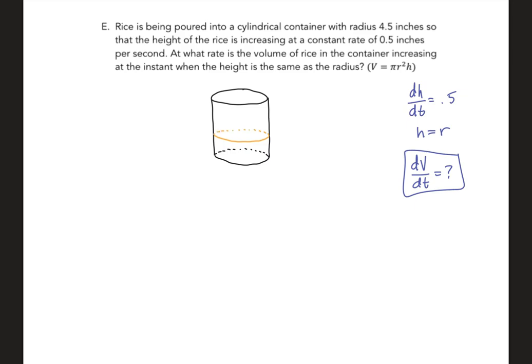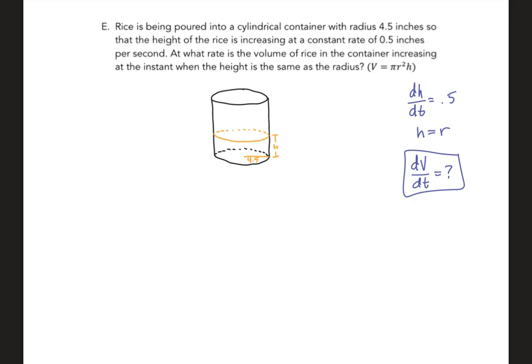The rice will have a certain radius, and that radius isn't changing. That radius is just the radius of the container, 4.5, so we'll label it with 4.5 since it's not changing. The height is this distance here. That will be changing, so we'll label that with h.